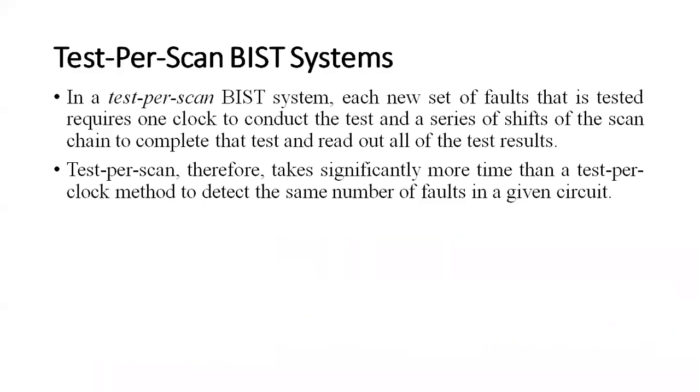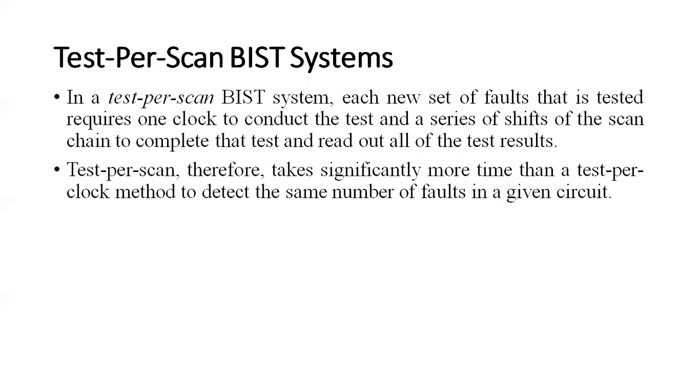It identifies a new set of faults to be tested, requires one clock to conduct the test, and a series of shifts of the scan chain to complete that test and read out all the test results. So in test per scan, firstly it sets the faults in the test operation. Once the faults are checked, it requires one clock signal to conduct the test with a series of shift operations. Why?